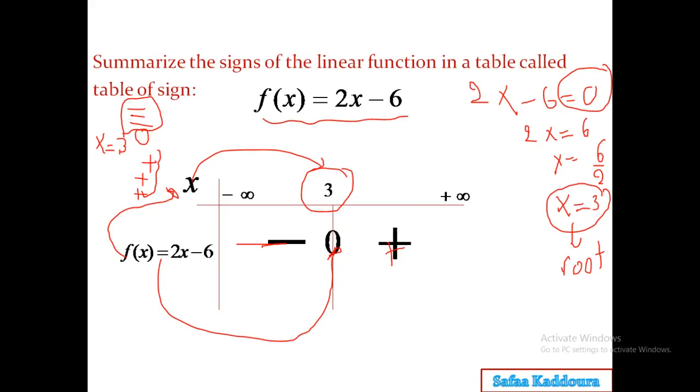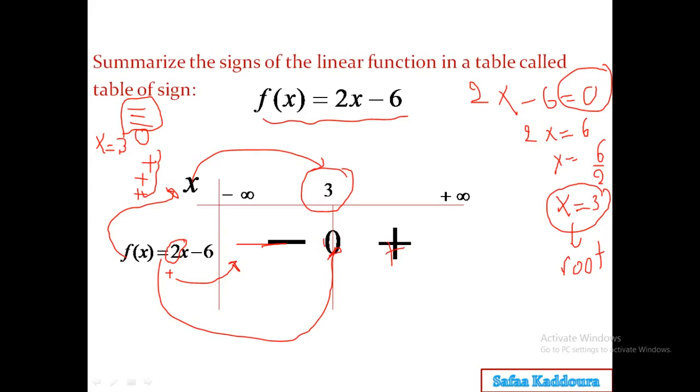So we will notice that this sign is opposite to the sign of a, the coefficient of x. Here the sign of a is positive. Notice that we start with the opposite sign, negative, then we have the root, then we have the same sign. So for a linear function, first of all, we put the value of the root.